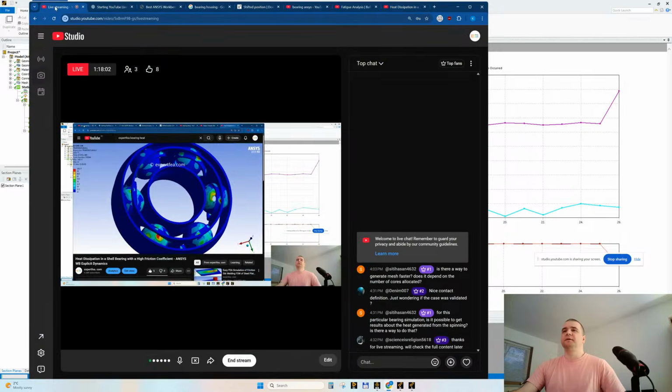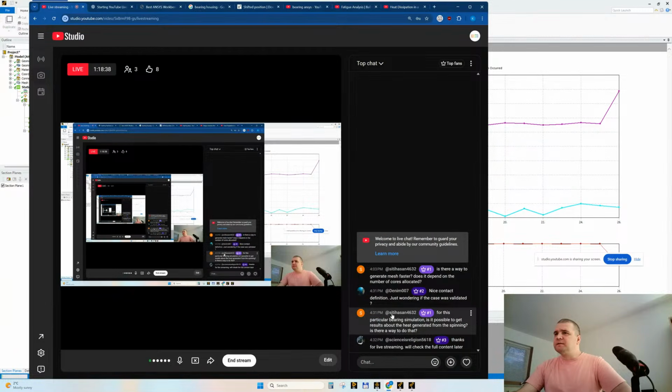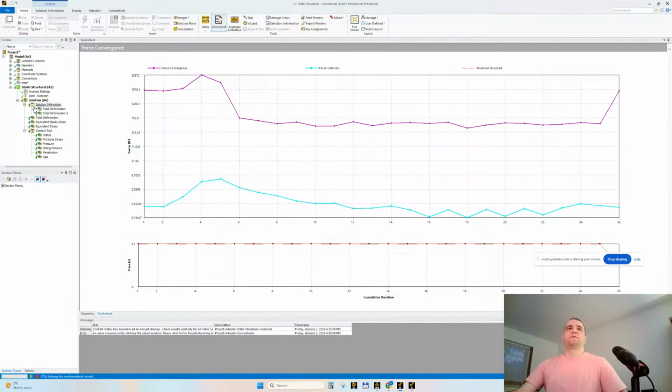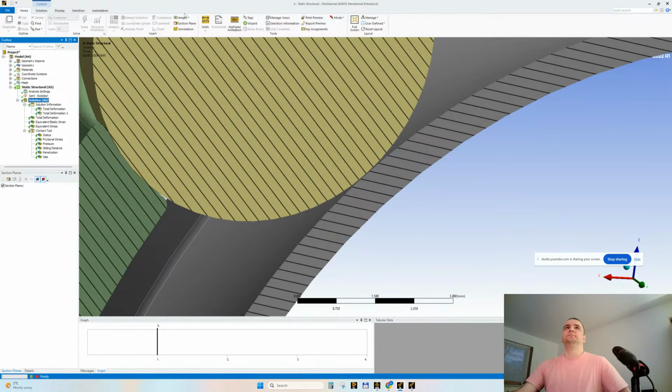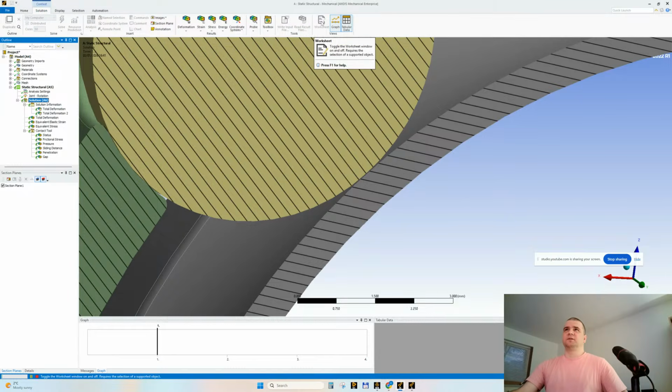So my dear Hassan, I think I will say Siti Hassan, you will access the temperature from here. After the solving is finished, this worksheet button will be active, and you can click it and you can find almost at the bottom, there will be a list. You can find Temperature All in explicit dynamics, not here.